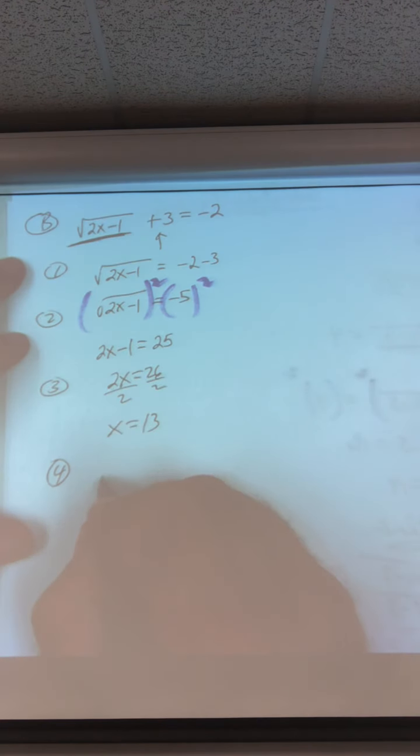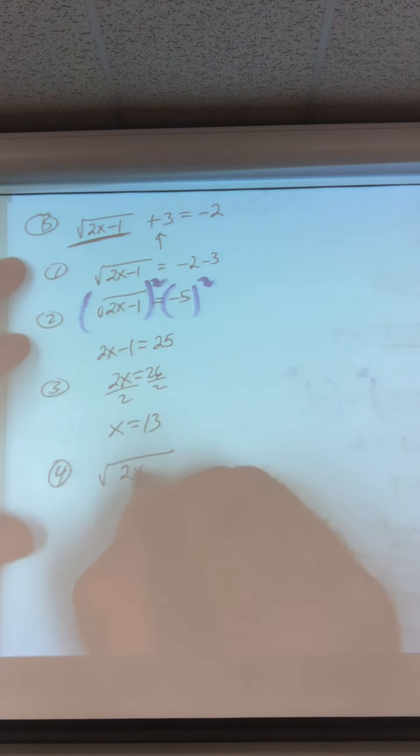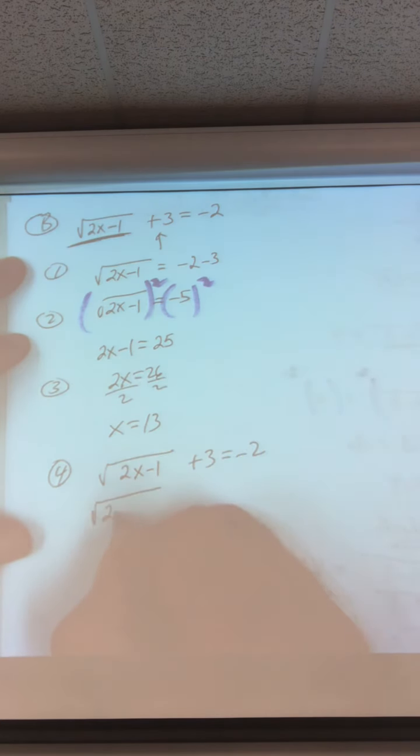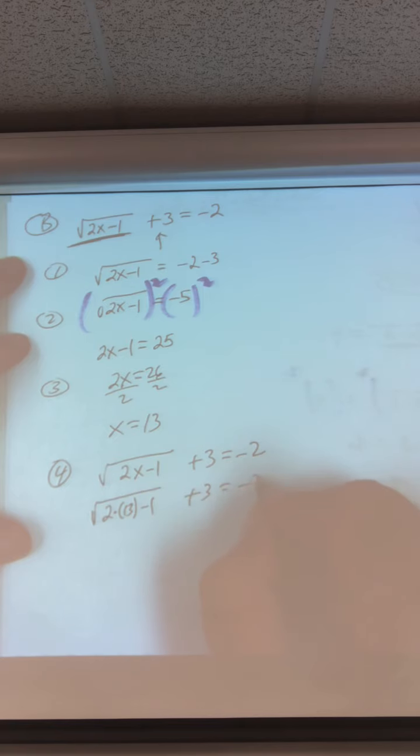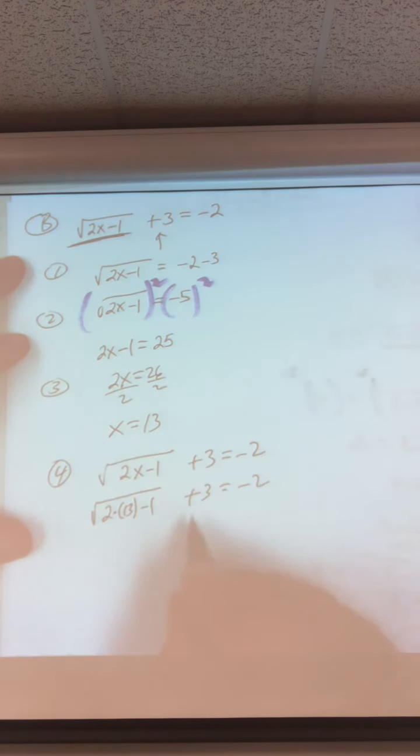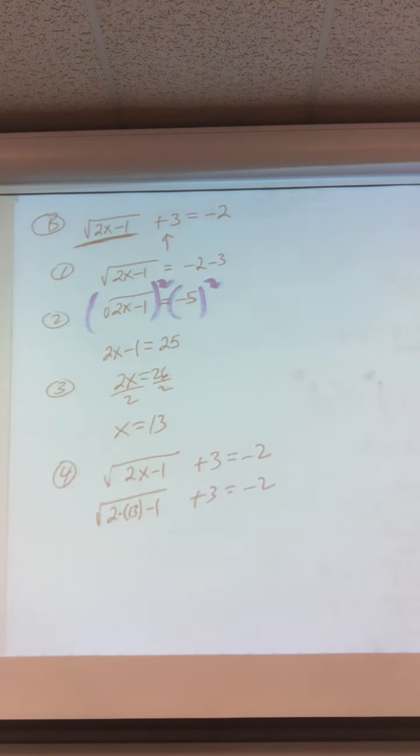So let's write the original problem back down. When you check your answer, you plug the number in for x that you're checking. You don't have to put it in parentheses, but to me it looks better if you do. Now don't move the 3 over. Just do the math. Don't follow the 4 steps in solving.